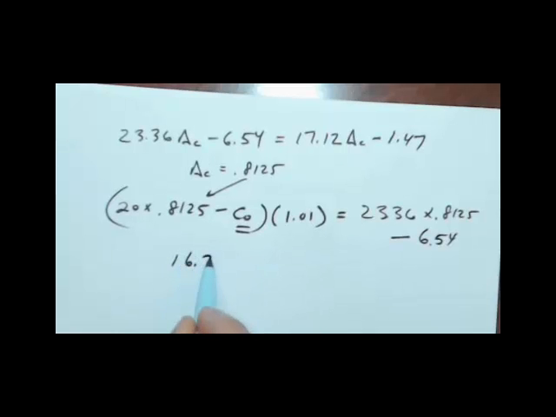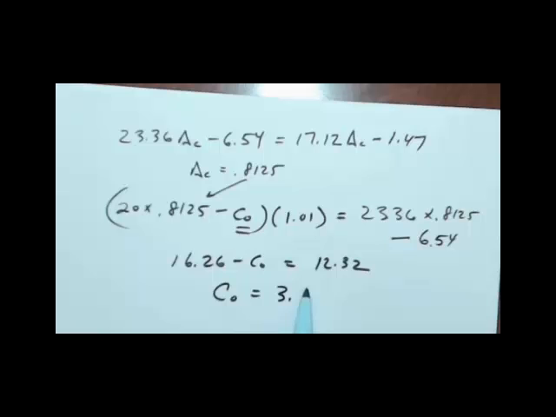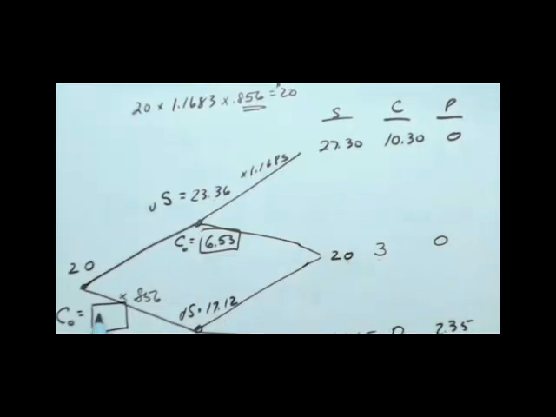This equals 1626 minus C0 equals 1232, and that's multiplying and subtracting this out. Dividing by 101 gives you the 1232. The call today is worth $3.93. Hey, got it. This call is worth $3.93.